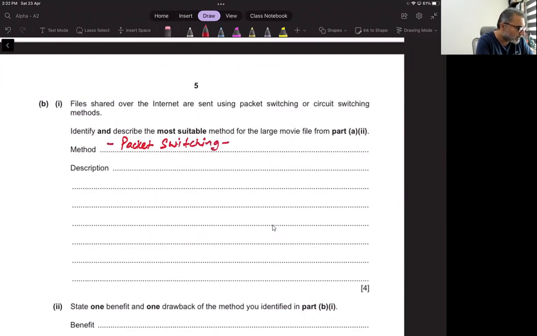So a movie file is divided into packets.